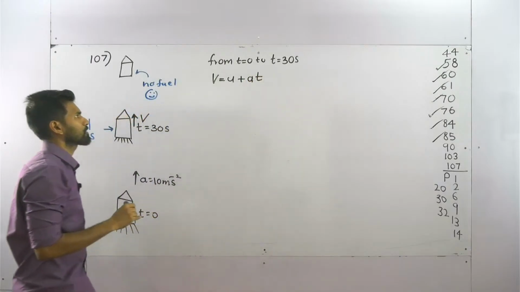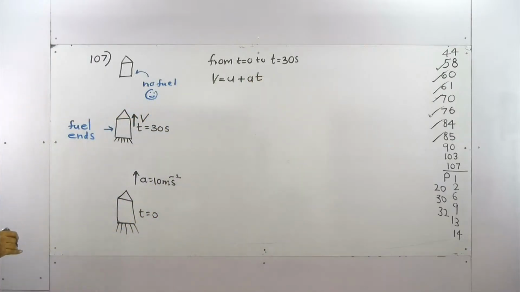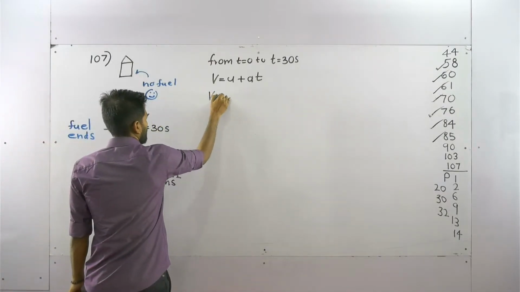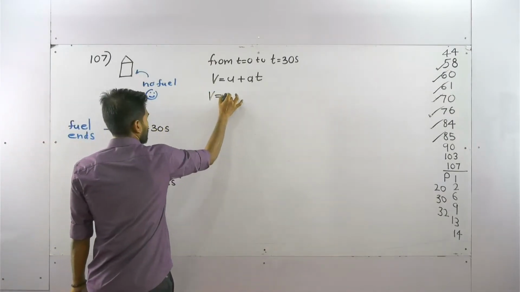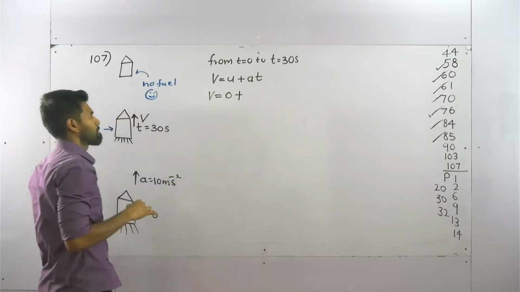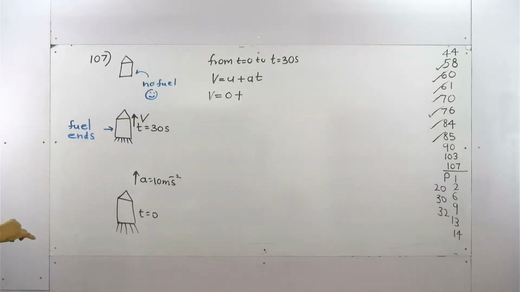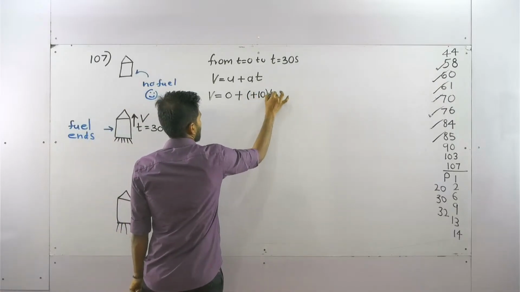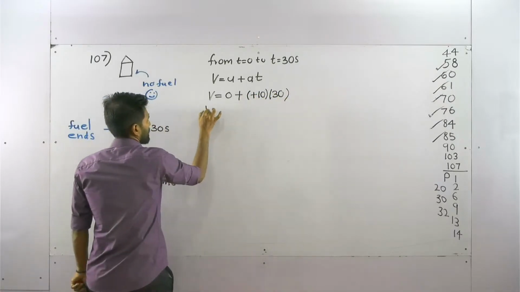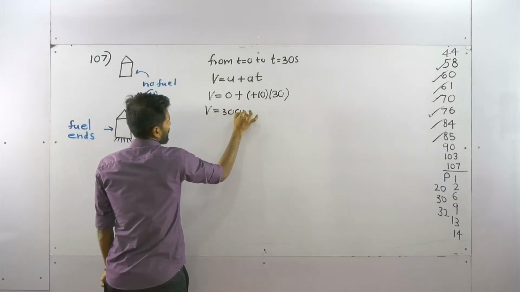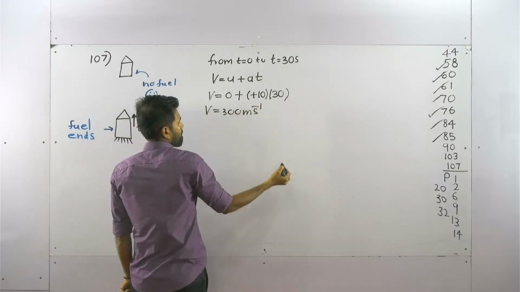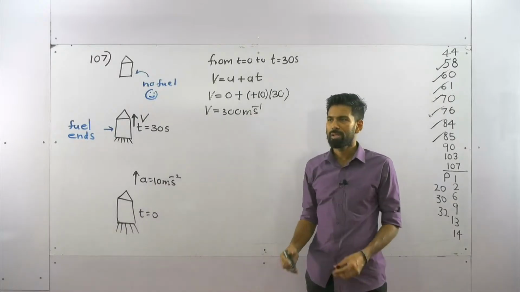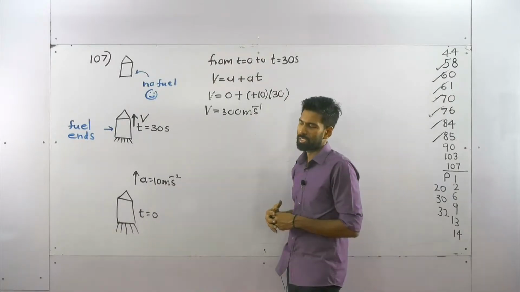Initial velocity is 0. Acceleration is plus 10, time 30 seconds. The rocket will gain a 300 meters per second velocity at the 30th second of its motion.